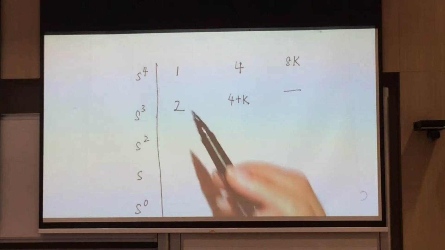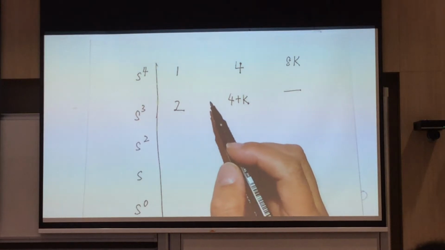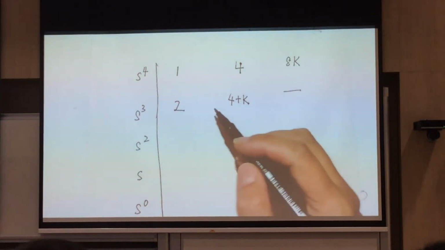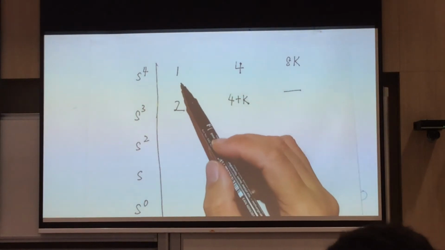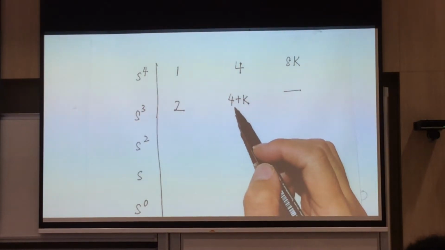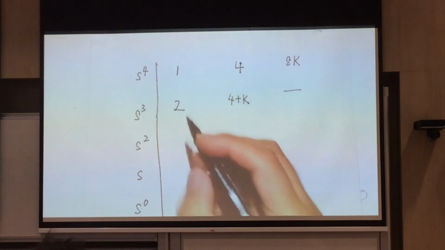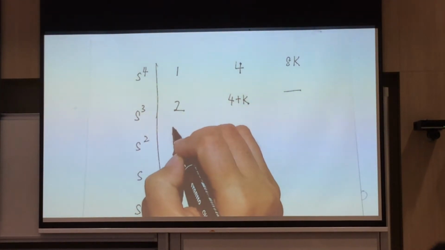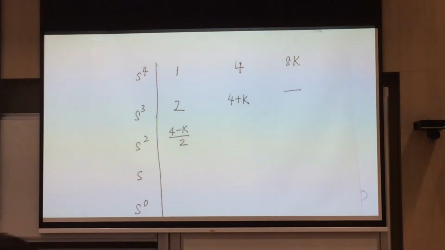Alright? Then look at this element 2. What do I do next? 2 times 4 minus 1 times (4 plus k) over 2. If you simplify this, 4 minus k over 2.